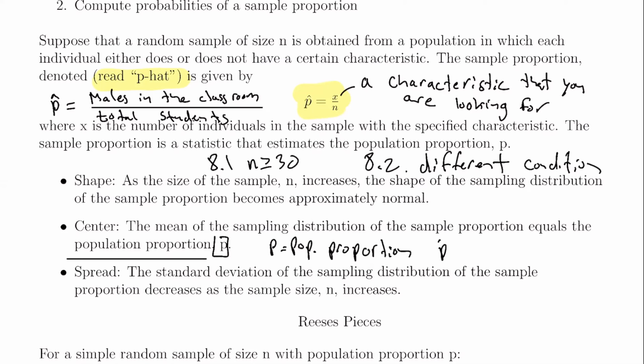But we also have P hat, which is sample proportion. You do want to know the difference between P and P hat because it is going to help you with the problem.